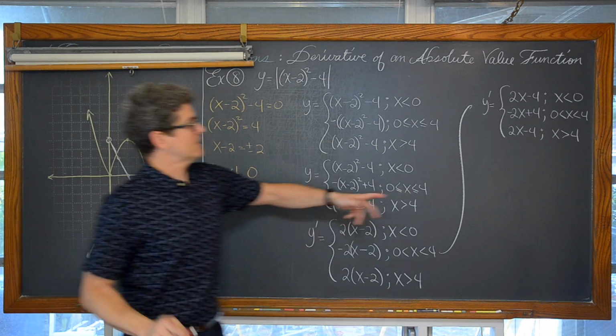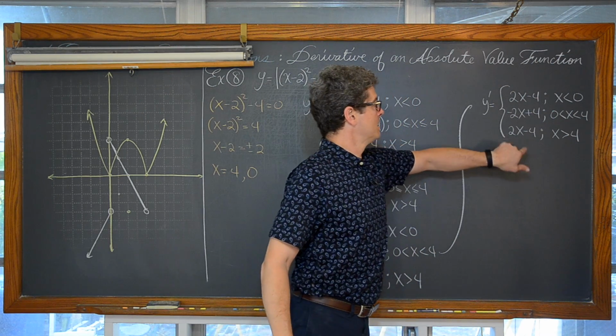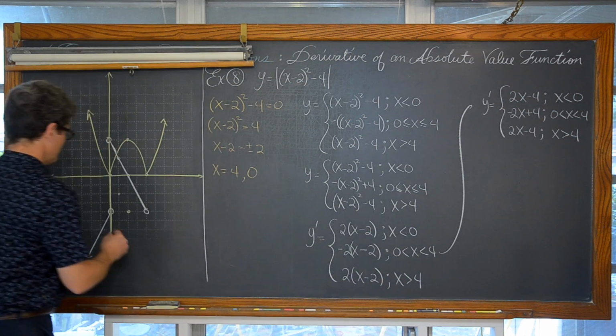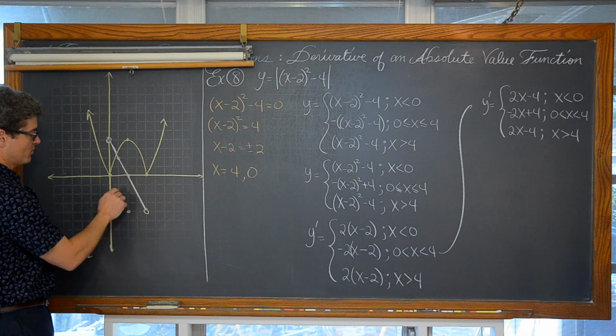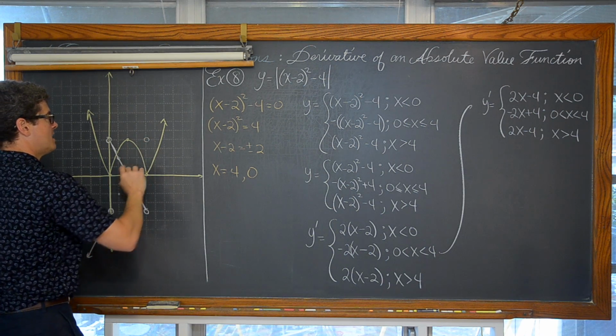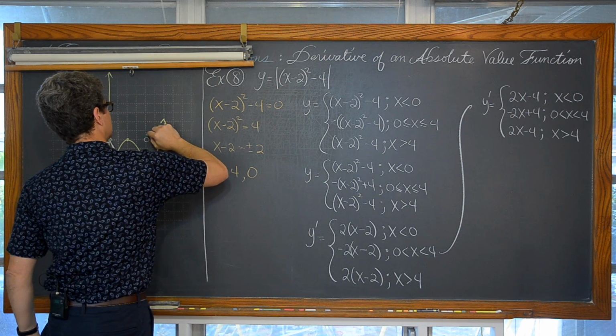And then picking right back up, when x is greater than 4, we didn't have that sign change, so we're back to that 2x minus 4 line. So coming way back over here, up 2 over 1, up 2 over 1, up 2 over 1, pick up with that open dot, and voila.